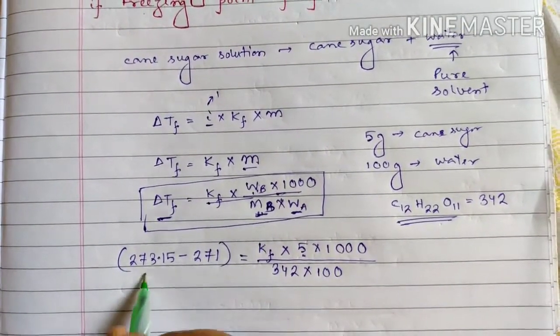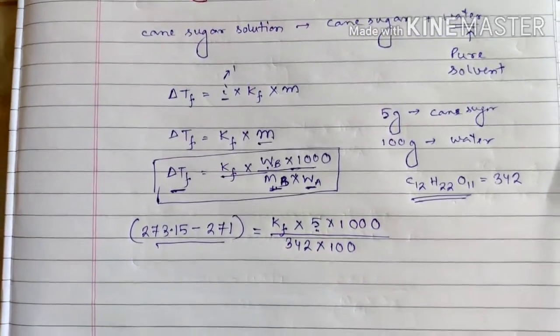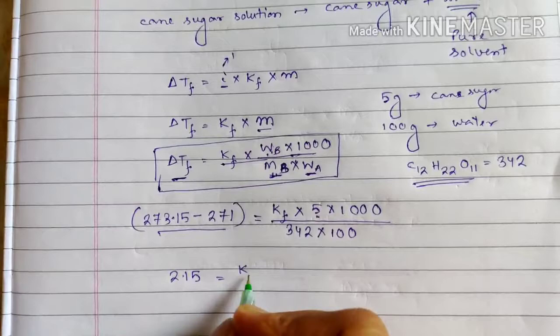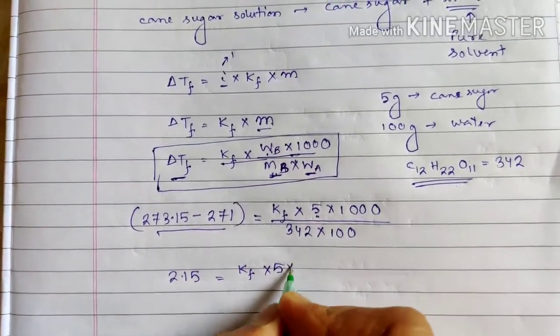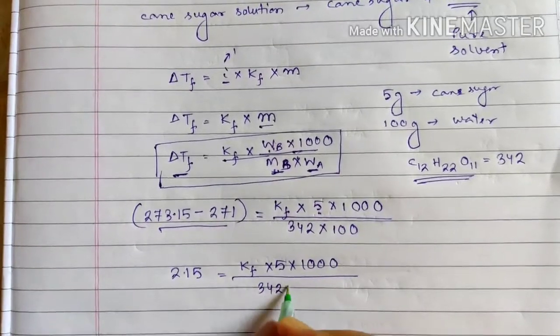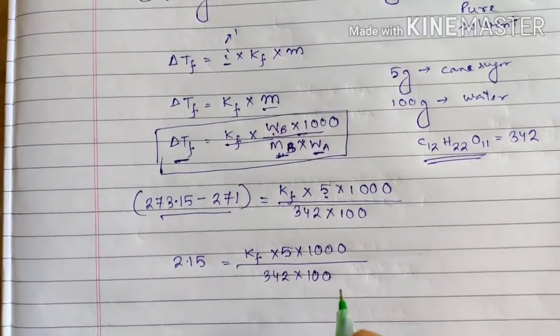Now this part we have to calculate. So 2.15 is equal to KF into 5 into 1000 divided by 342 into 100.